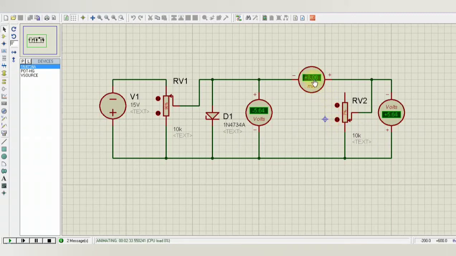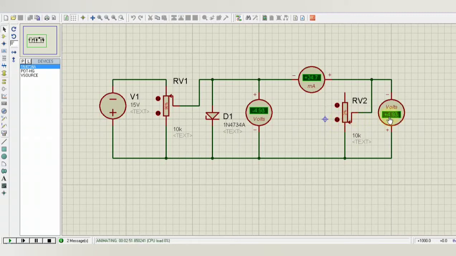Now you can see the current is increasing by a huge amount, and the load voltage is also dropping. Yes, it is deteriorating as we increase the current by decreasing the load resistance.